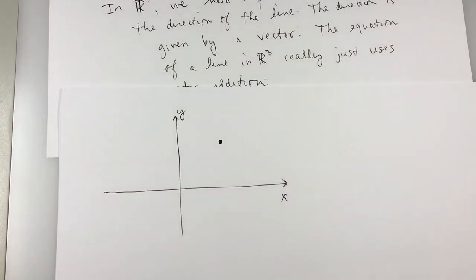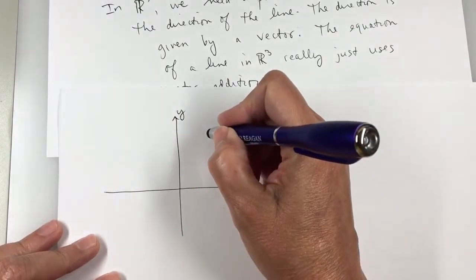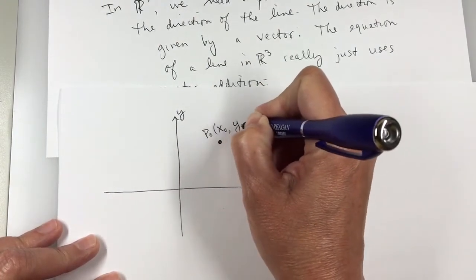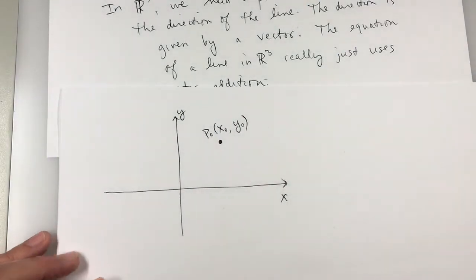They've given you, okay, here is point 1, 2, 3 is on the line. Or point -4, 5, 10 is on the line. And this will be, I'll call it P sub 0, X sub 0, Y sub 0.